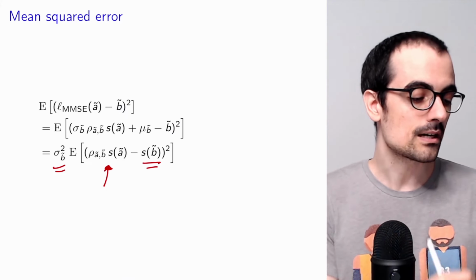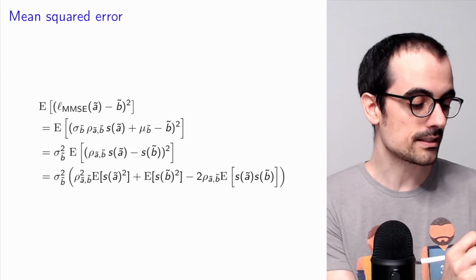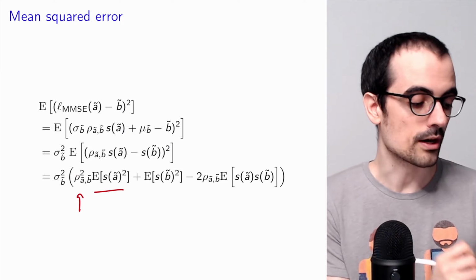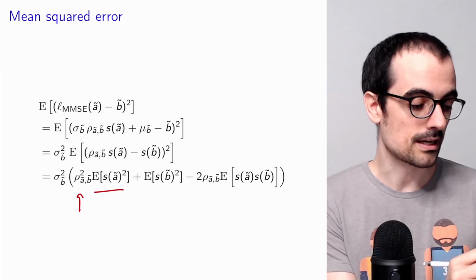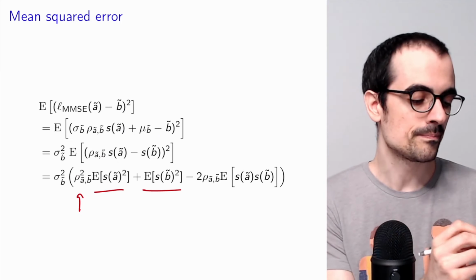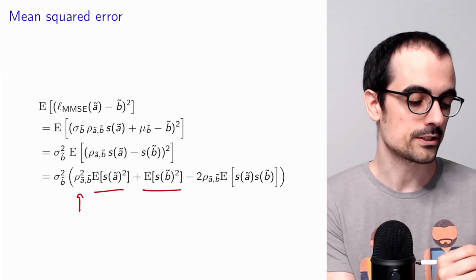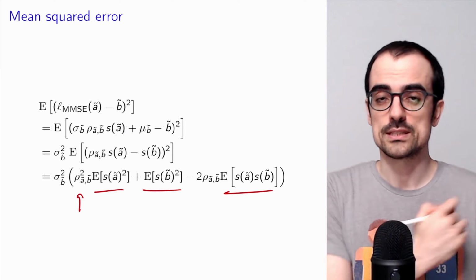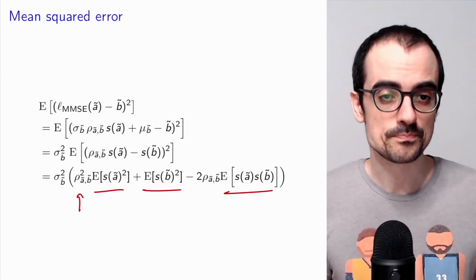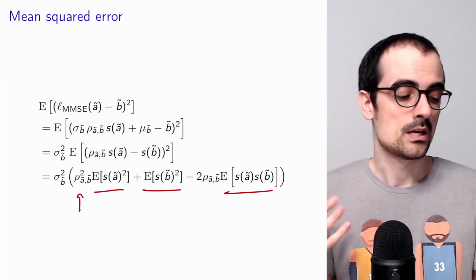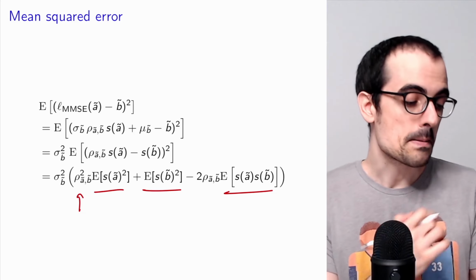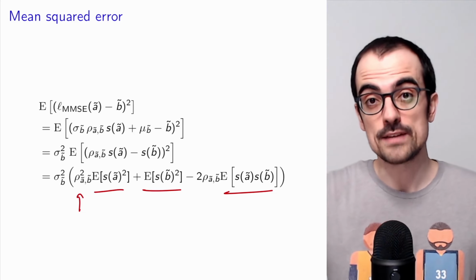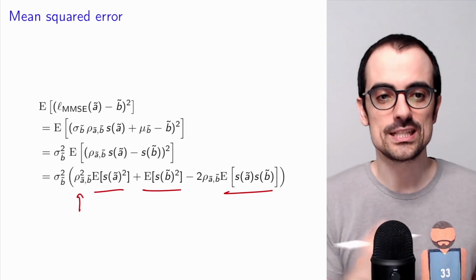So let's expand this out. When we expand this, we get the correlation coefficient squared times the mean square of the standardized variable, plus the mean square of the other standardized variable, minus 2 times the correlation coefficient times the mean of the product of the standardized variables. You can look at the previous video on correlation and covariance if you don't remember this, but the standardized variables have 0 mean, unit variance, and hence unit mean square.